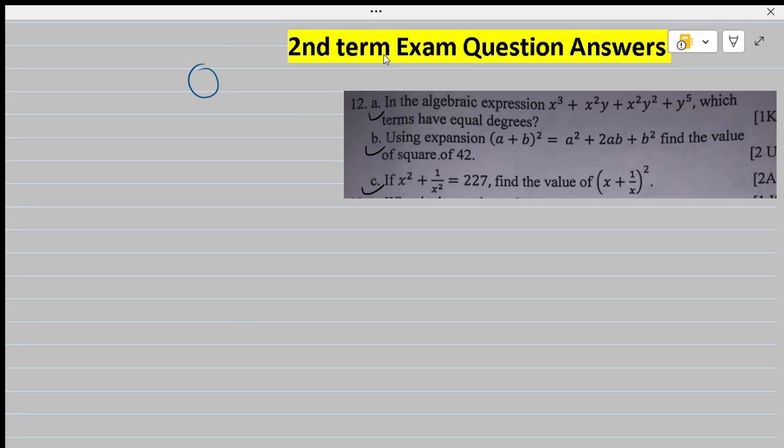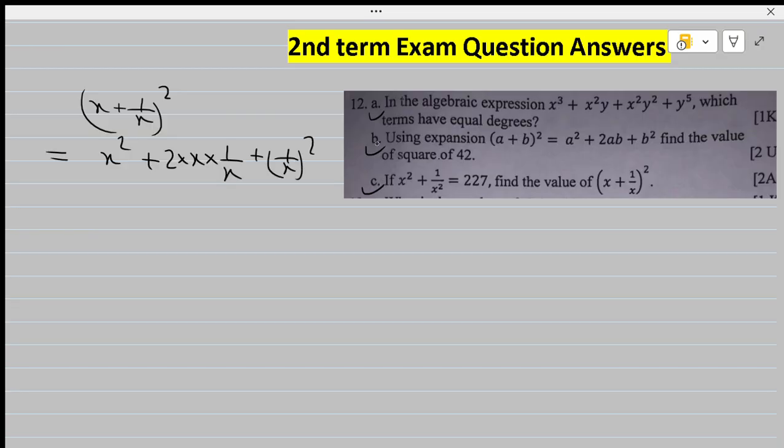If x squared plus 1 by x squared equals 227, find the value of (x plus 1 by x) whole squared. So here I go with (x plus 1 by x) whole squared, so it's in the form of (a plus b) whole squared, and we can expand it by writing a squared, that is x squared, plus 2 into a into b, so 2 into x into 1 by x, plus b squared, that is (1 by x) whole squared.